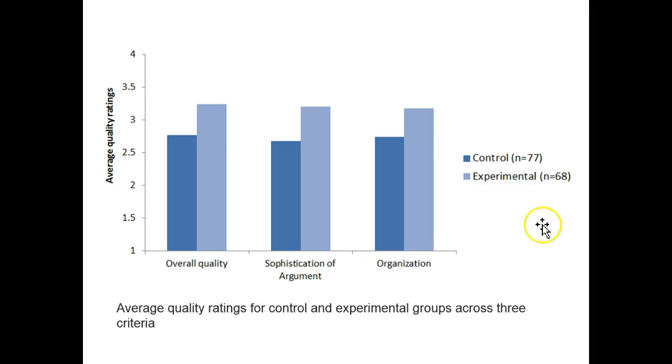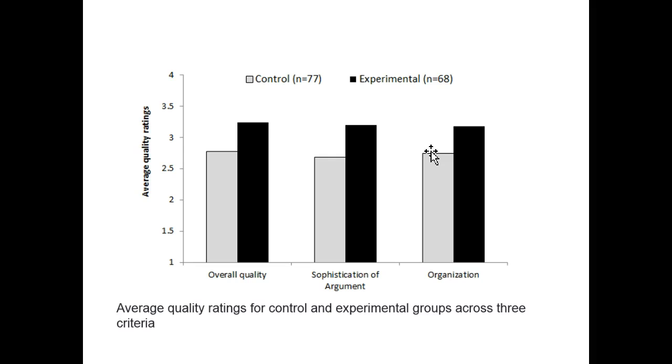So this is comparing a control and experimental group from a pedagogical study on how their essays were rated. Right now we have kind of low contrast between the groups. This emphasizes the contrast a little bit more.